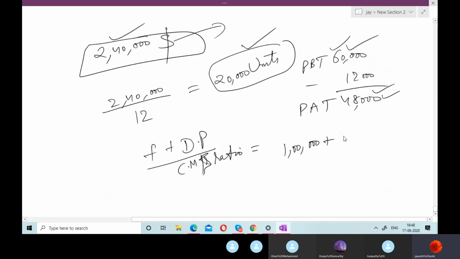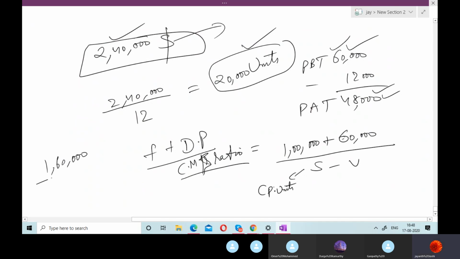Okay, 60,000. So what am I trying to find out? Number of units divided by, I will not take contribution margin ratio. I'll just take contribution per unit. That is sales minus variable cost. Contribution per unit. So 1,60,000 divided by 12 minus 4. 1,60,000 divided by 8. 20,000 units.